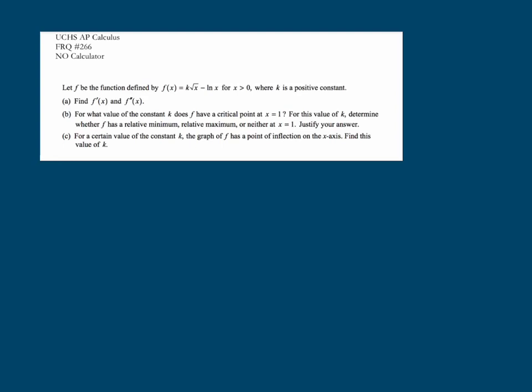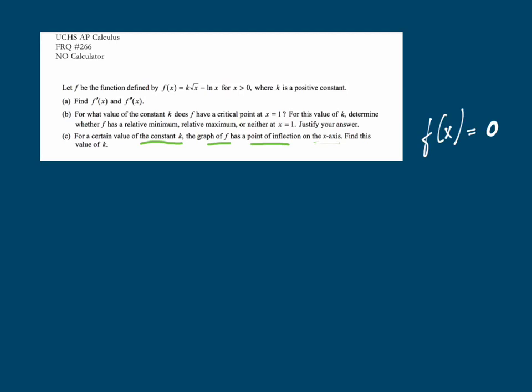So C says, for a certain value k, the graph of f has a point of inflection on the x-axis. Find the value of k. Okay, so that means that if it has a point of inflection on the x-axis, f of x has to be 0, because on the x-axis would be making f of x equal 0.